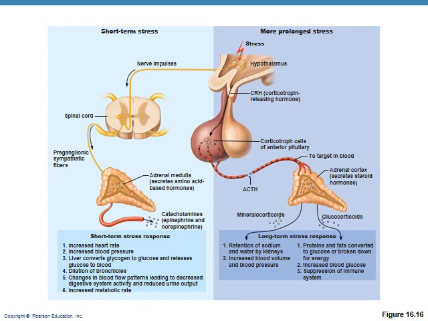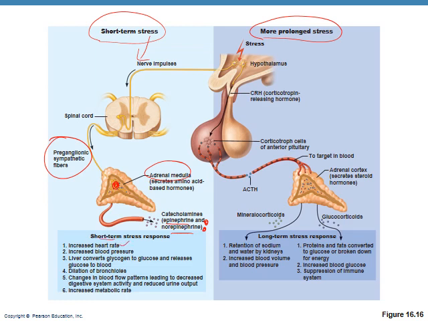With this slide, they want to show you short-term versus long-term. So this is what we just talked about. Adrenal medulla secretes epinephrine and norepinephrine. So if you're under stress, right, we can cause our sympathetic fibers to fire. They'll go to our adrenal medulla and they'll cause epinephrine and norepinephrine to be released.